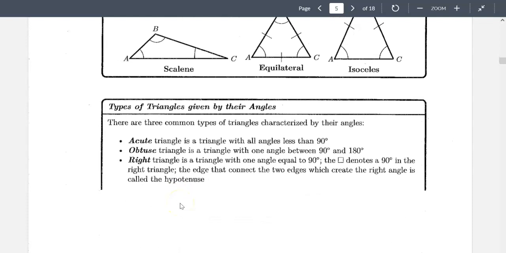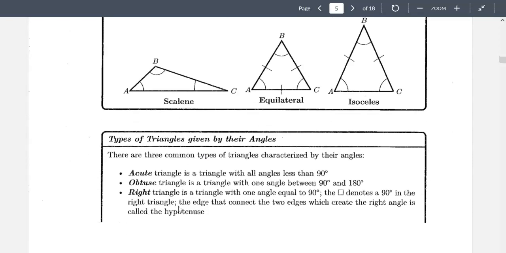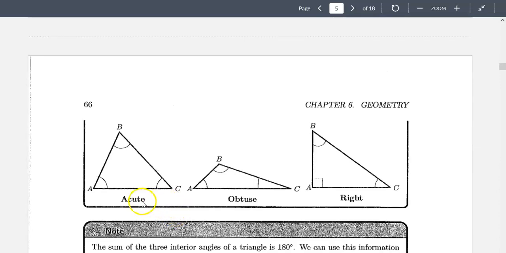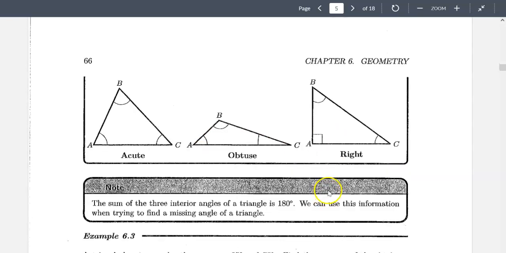Now, of course, if we want to identify our triangle by its angles, then we can look like this. An acute triangle is a triangle with three acute angles. An obtuse triangle will have one obtuse angle and the other two acute. And a right triangle will have one angle in the triangle that has to be 90 degrees.